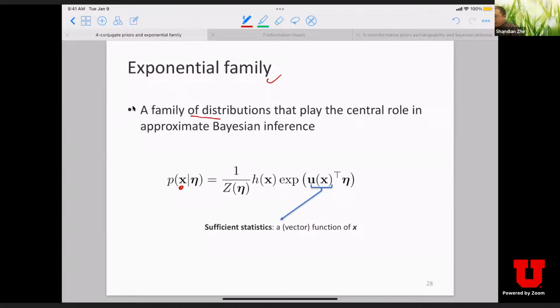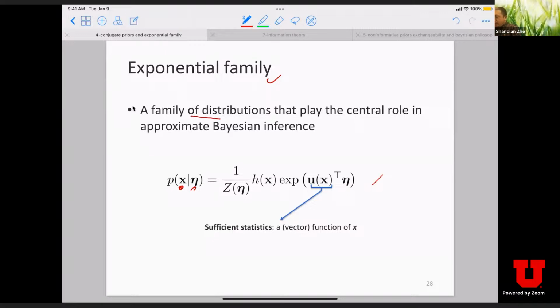In general, we say the random variable x follows a distribution in the exponential family, where the distribution itself is parameterized by the parameter eta. Eta here is often called the natural parameter. Then the density of this distribution has the following form.